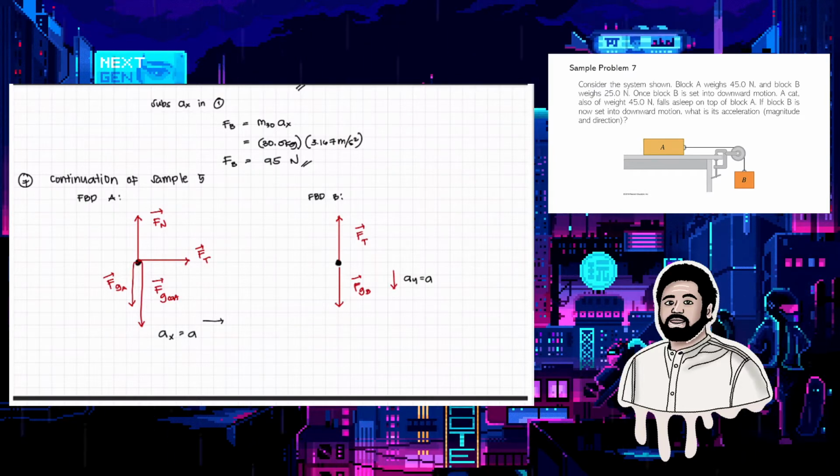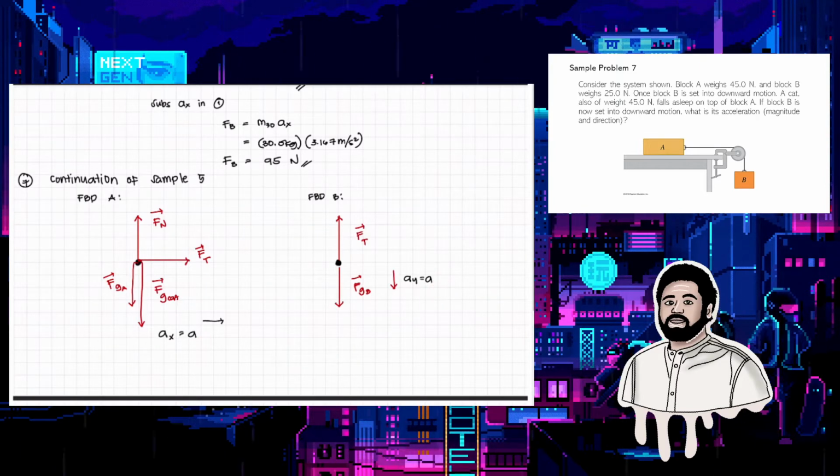Just take note of this one, that they are connected via cable. So if block B has an acceleration of, let's say, 1, then block A also has an acceleration of 1. They have the same acceleration. That's why I just denoted it as acceleration A here and as A here.